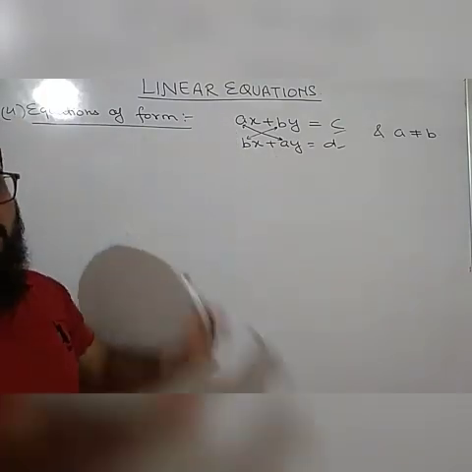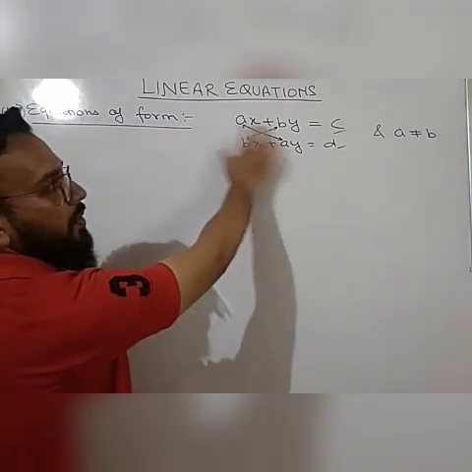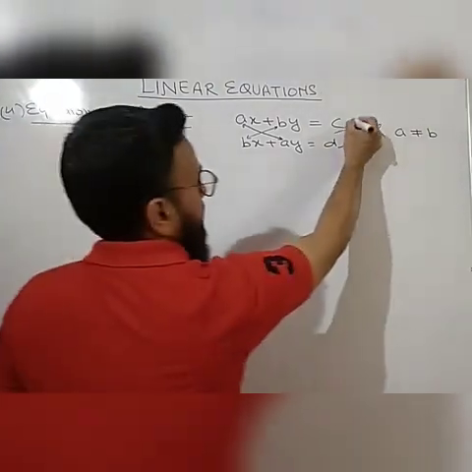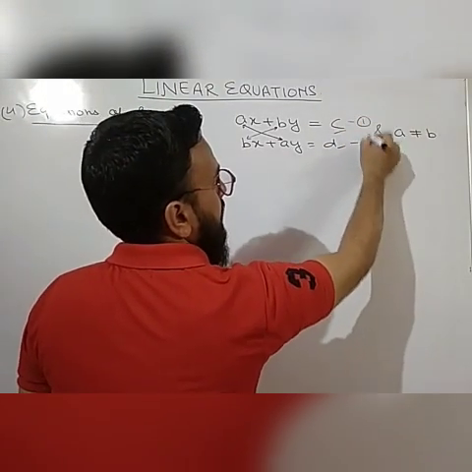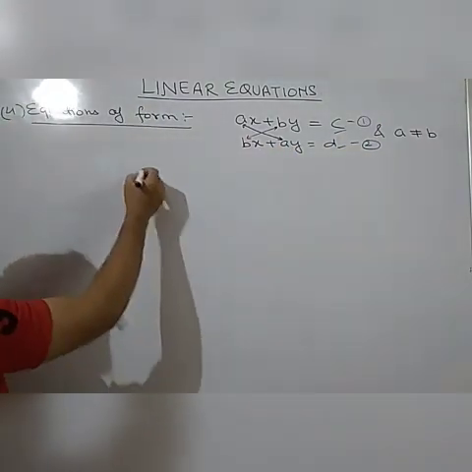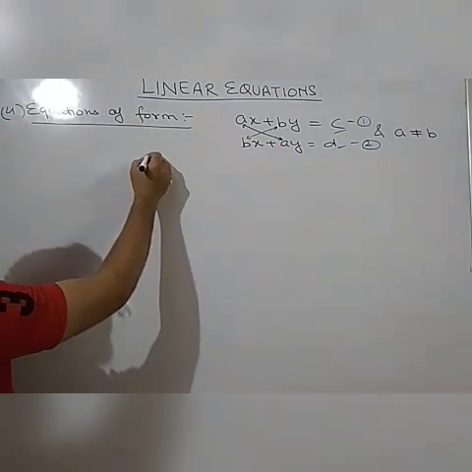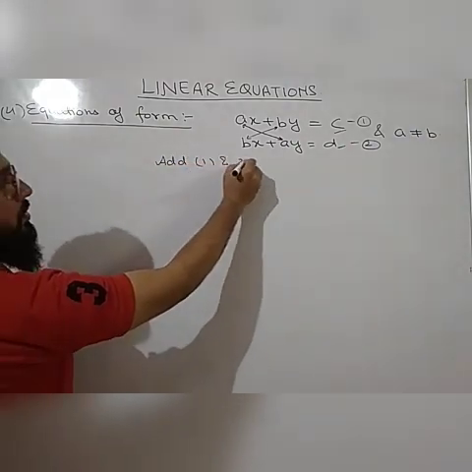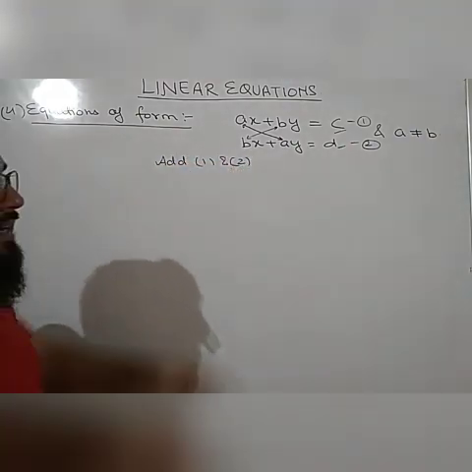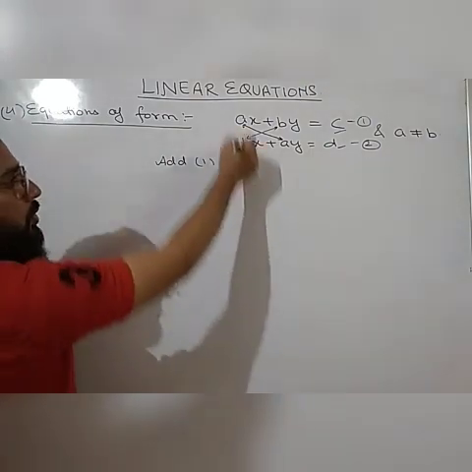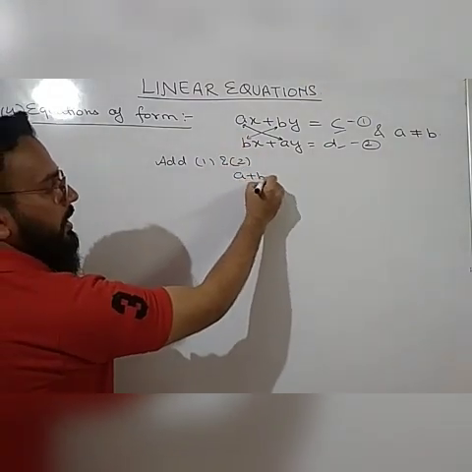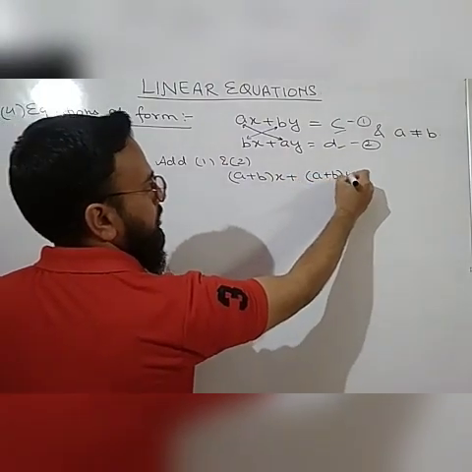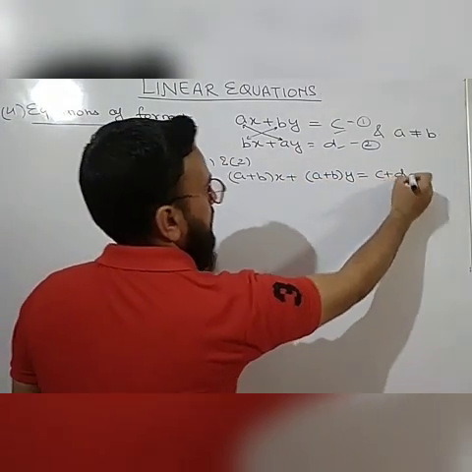Whenever we get such an equation, let it be equation number 1 and equation number 2. Then first we will add equations 1 and 2. Once we add both equations, we get (a plus b) into x plus (a plus b) into y is equal to c plus d.